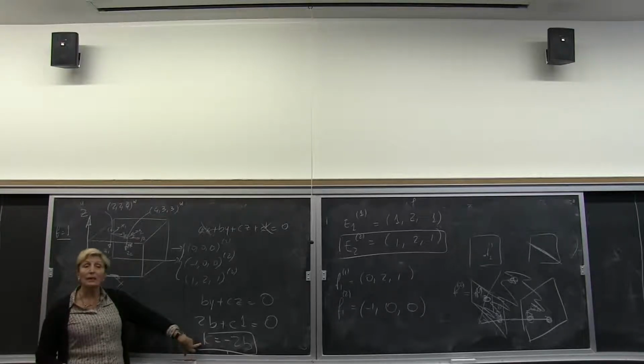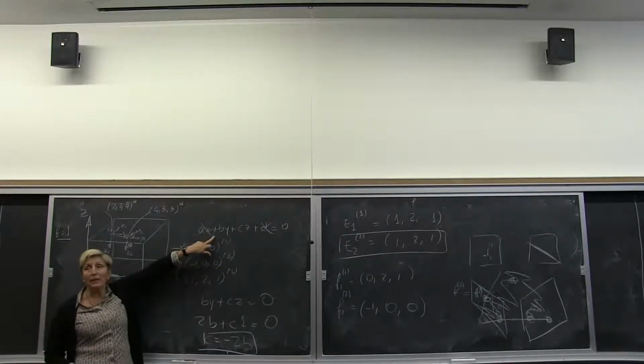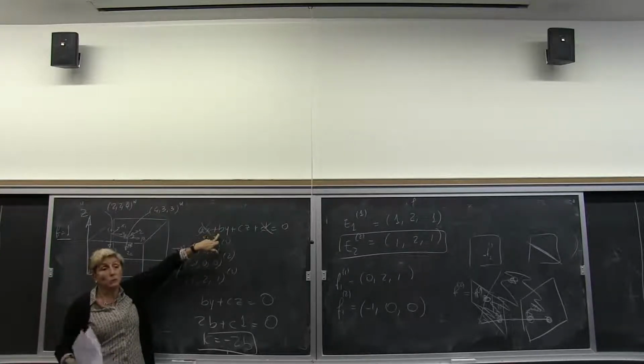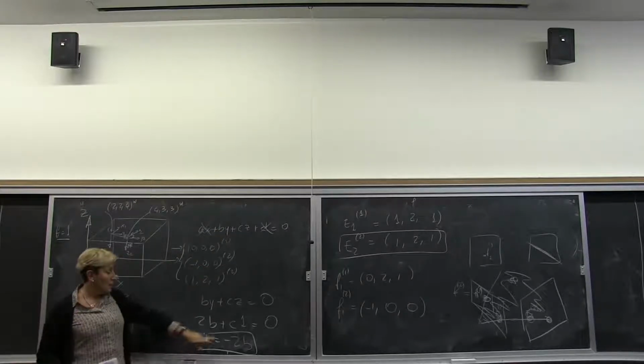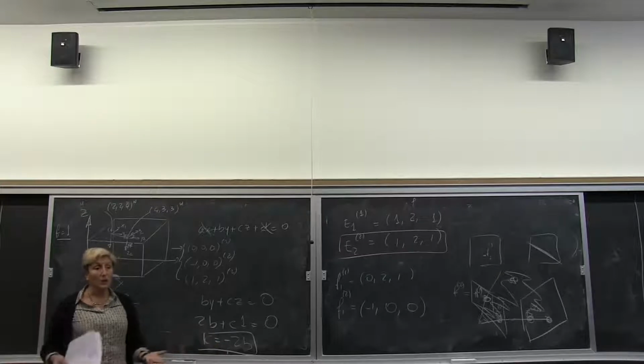Not really. Why not? If I multiply this equation by 500, is it a different plane? It's the same plane, right? So this is really up to a constant. So I can make, for example, b equal 1. Why not? Okay, so if I say b equal 1, then c is equal to minus 2, and I have the equation of the plane.